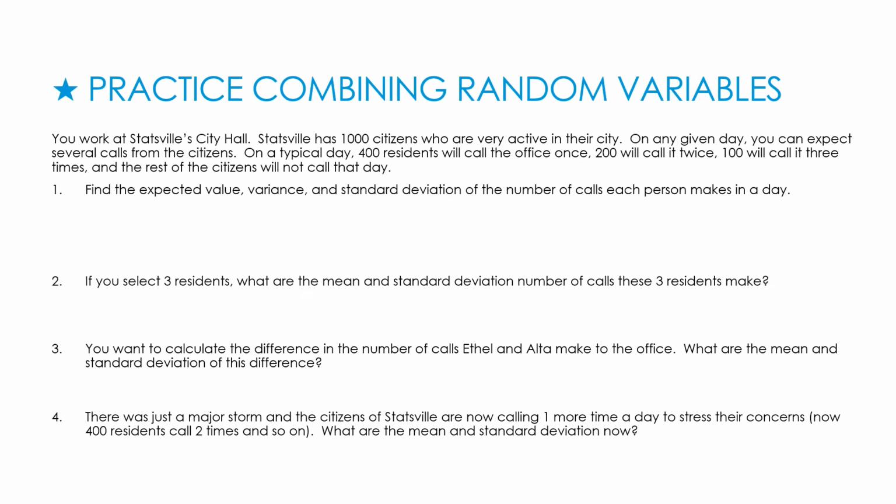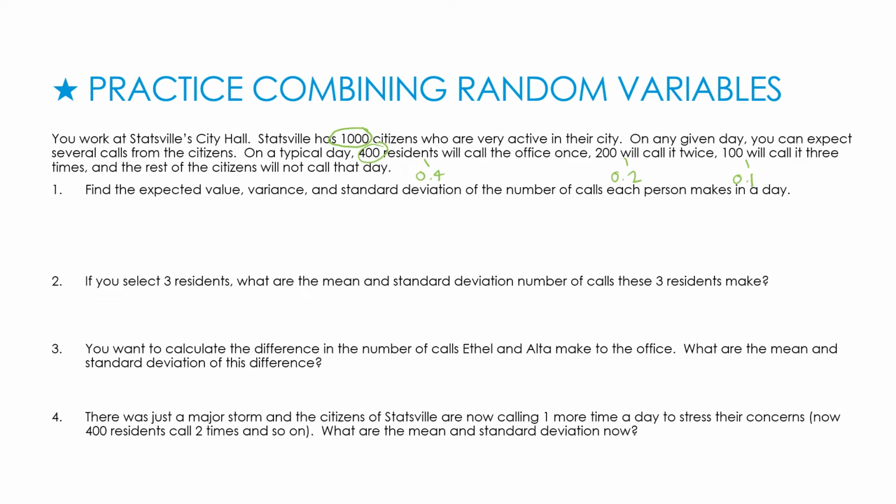So let's do some practice in combining random variables. First, we're looking at a question where we have Statsville City Hall. 1,000 citizens who are very active in their city on any day. You can expect several calls from citizens on a typical day. 400 call the office once, and right away I'm just going to look at the fact that there are 1,000 citizens and 400 residents, so that's 40%. 200 or 20% call twice, 100 or 10% call 3 times, and the rest do not call.